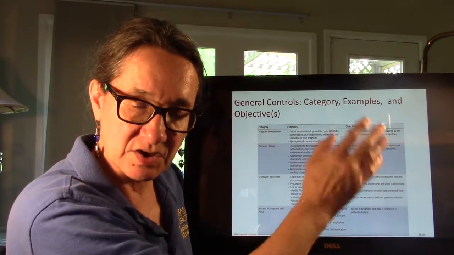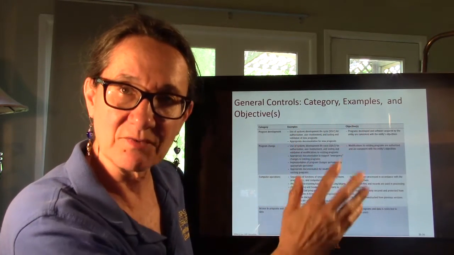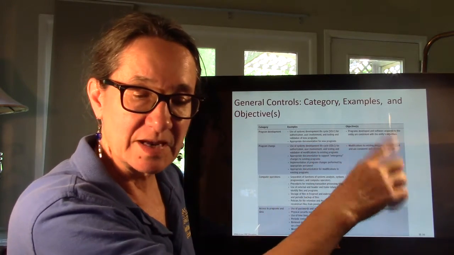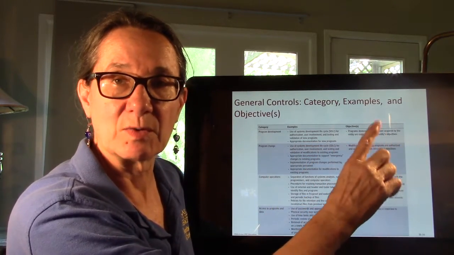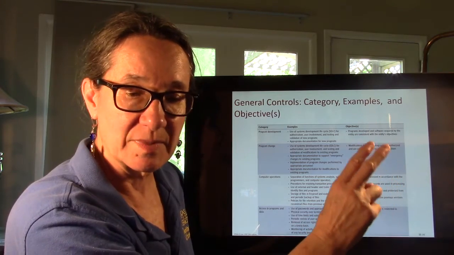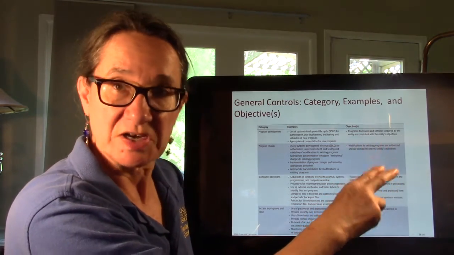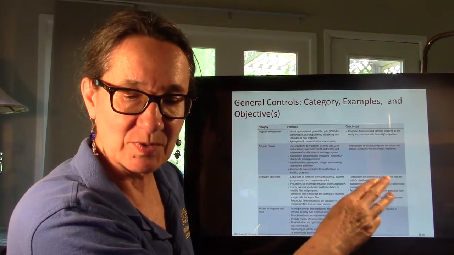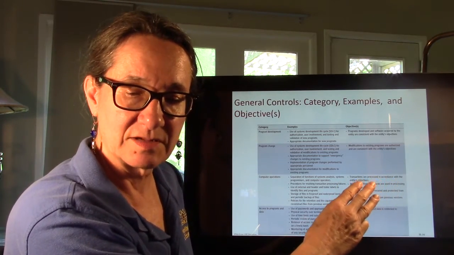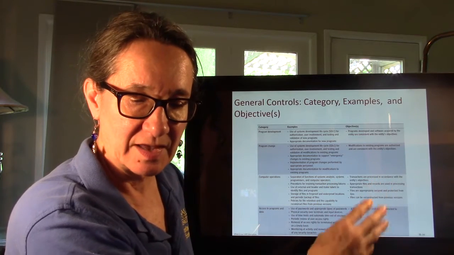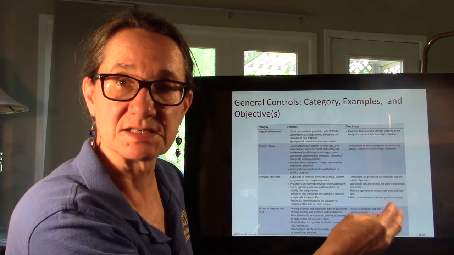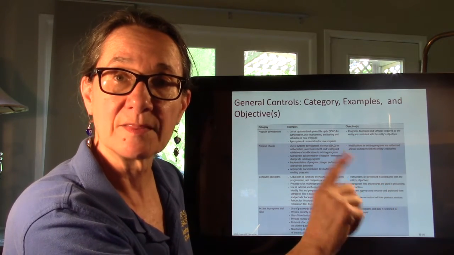All these controls that apply to every part of the system are going to the objectives of making sure that programs are developed that we want and that work, making sure that only changes that we want and work are made, that our computer operations are safe and everything is stored and backed up. And of course, only people who we want to access the system, and only the part that's appropriate for them.